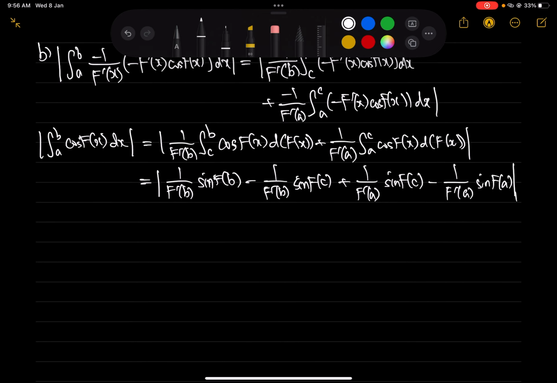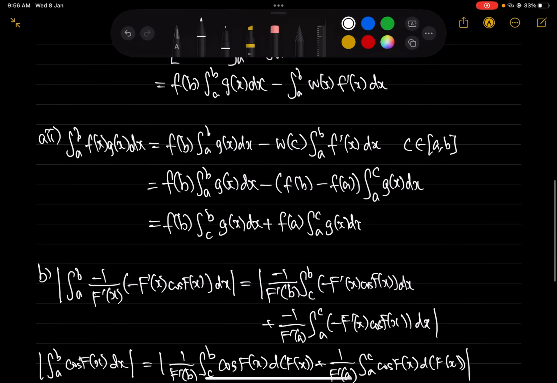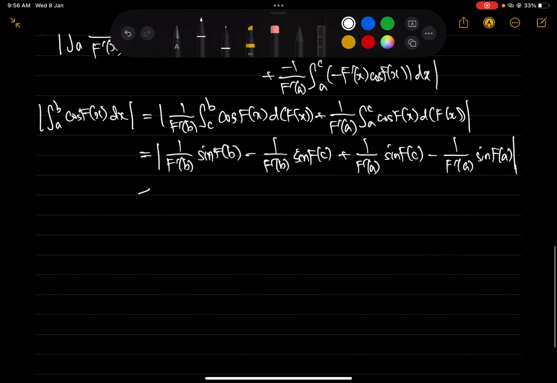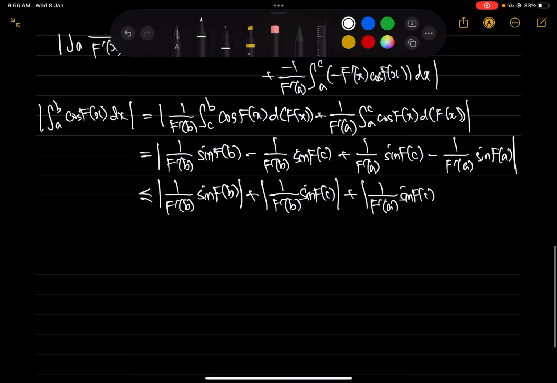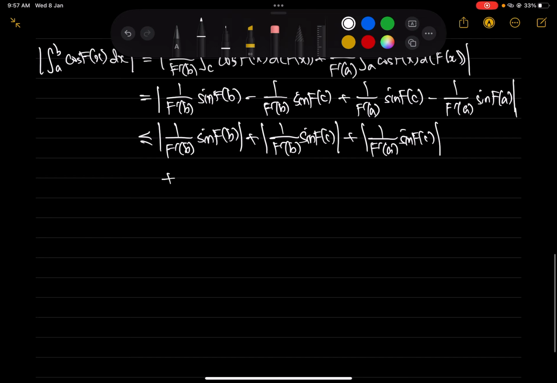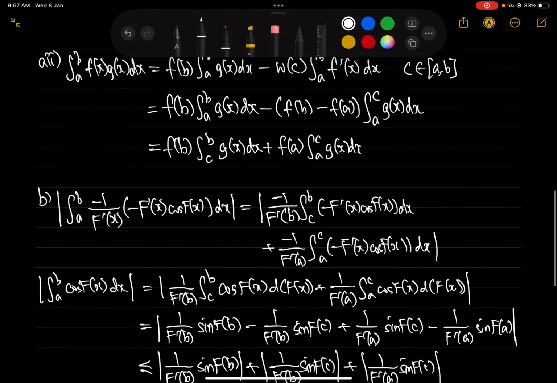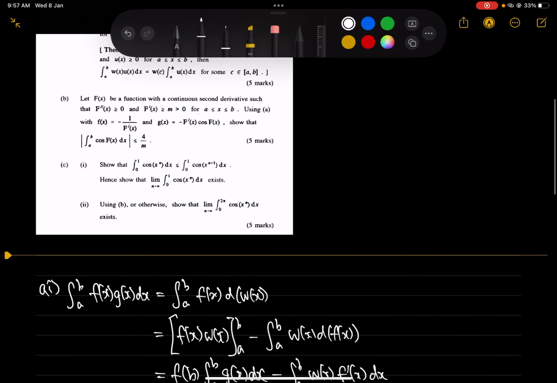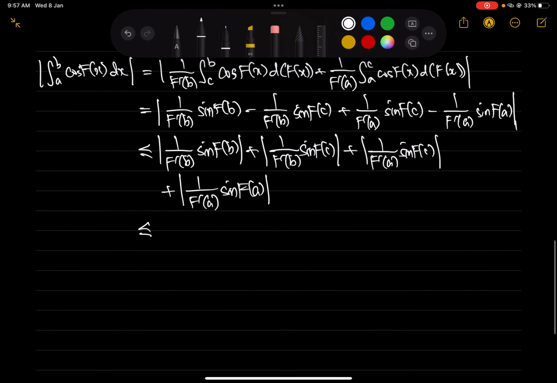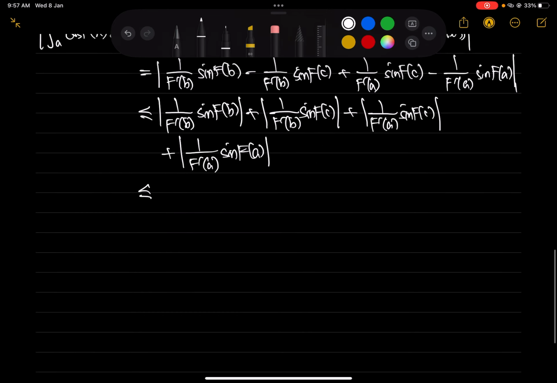And here this is just the triangle inequality, and we get less than or equal to, and then triangle inequality, and then, well, f prime of x is greater than or equal to m, so 1 over that means this is smaller, and then sine of x is always less than or equal to 1, so we have that is less than or equal to 4 over m.